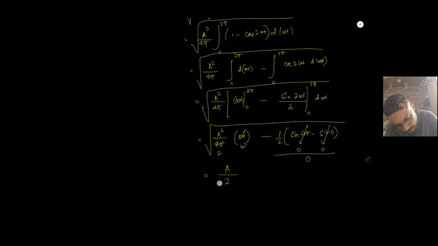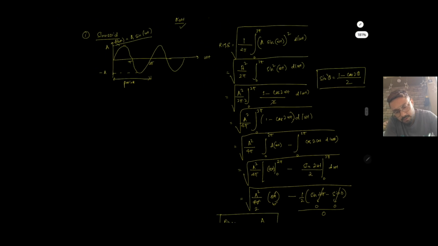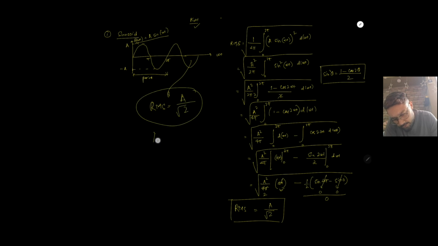We have A by root 2. Okay. So the RMS value of a sinusoid is A by root 2, while its average value was 0.